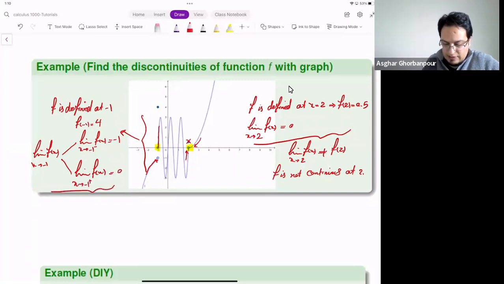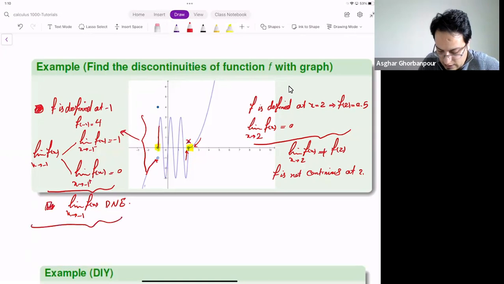As a result of this computation, the limit of f of x as x goes to -1 does not exist. The right limit and left limit are not the same. Since this does not exist, even though it is defined at that point, we can conclude that f is discontinuous. That's another wording we will use for not being continuous at x equal to -1.